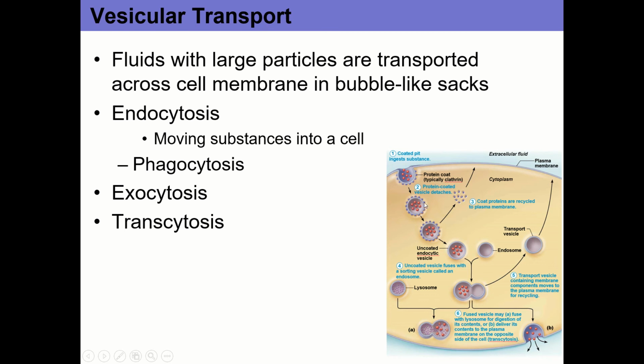So that could include things like different hormones. In the case of some of the cells of your immune system, that might include like a bacteria that those immune cells attack. So there's a number of different things that we can bring inside of a cell. So endocytosis then, as you can see there, is moving things into a cell. And then phagocytosis is cell eating.